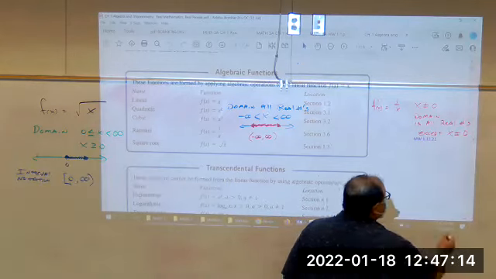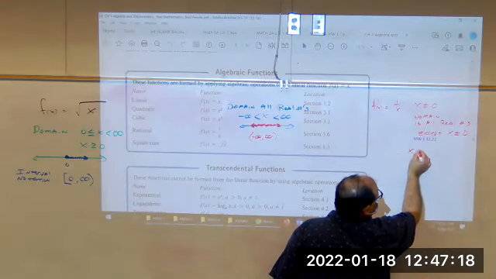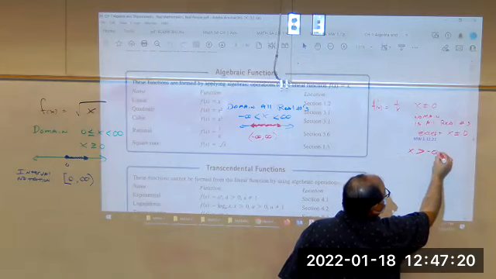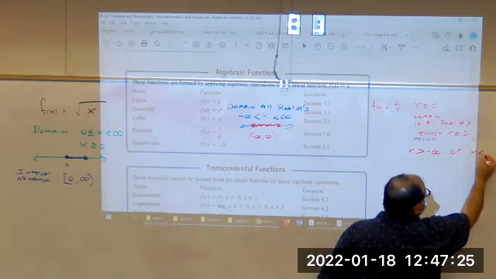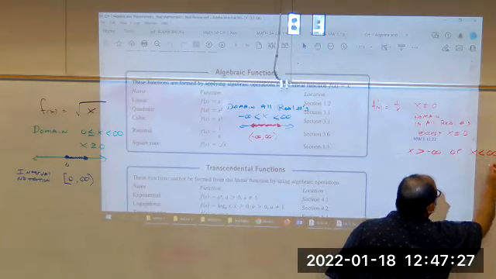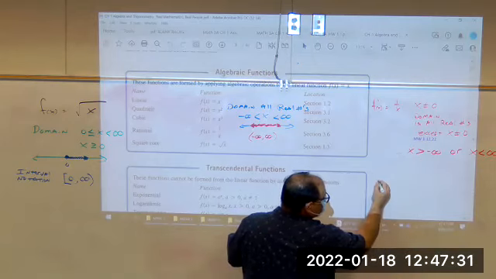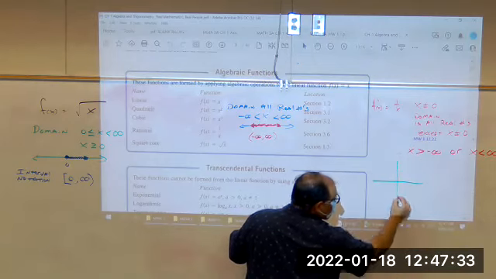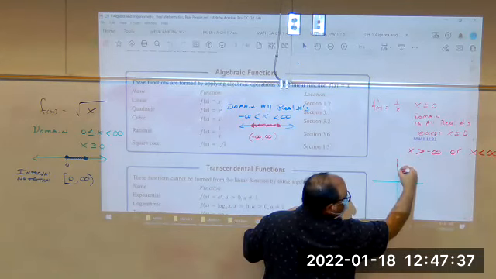We would say this: x is greater than negative infinity, or x is less than positive infinity. So let's remind everybody what the graph looks like. We have the vertical asymptote because you can't divide by 0.